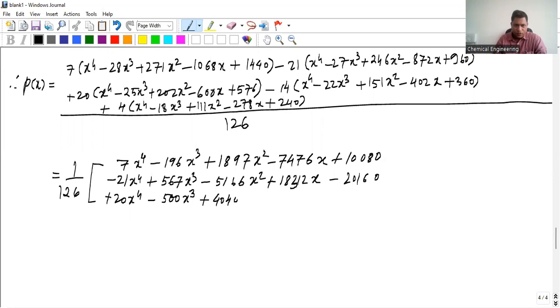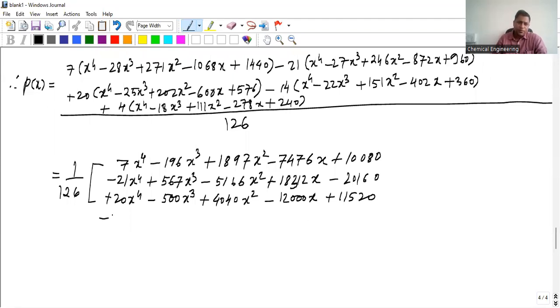Yes, 4040x square minus, so what you'll be having here? It will be 12000x and plus, what is this term going to be? 11520.